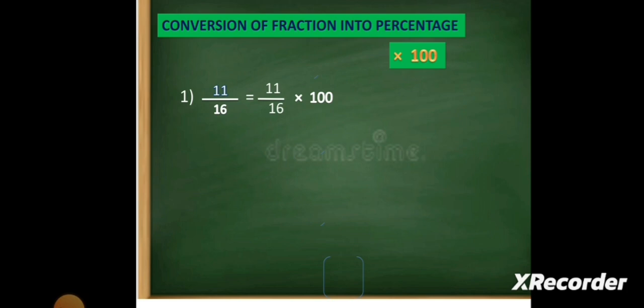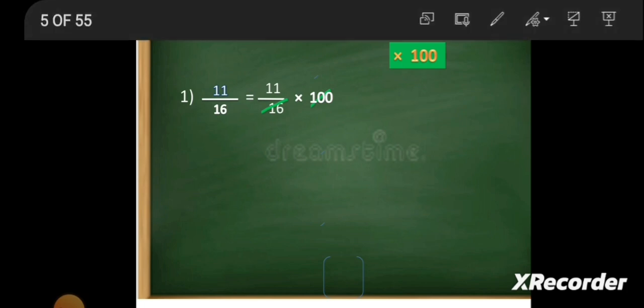Here now we will cancel the common factor. Here 4 is a common factor of 16 and 100. So we will divide 16 and 100 by 4. By dividing 16 by 4, we will get 4, and by dividing 100 by 4, we will get it as 25.